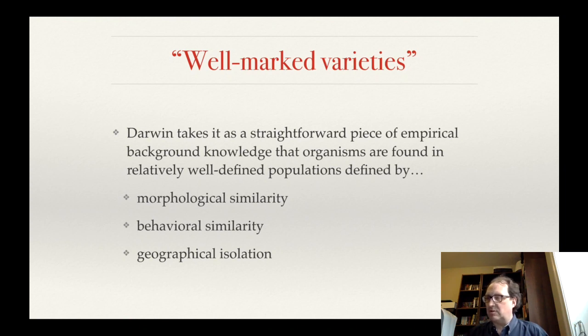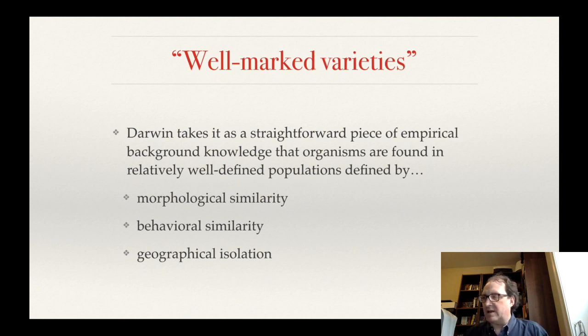They're similar to each other in their structure and biology, in their behavior, and they tend to occur in compact, contained geographical ranges. What Darwin has started to worry about, though, is what does that mean? What should we take from that fact?